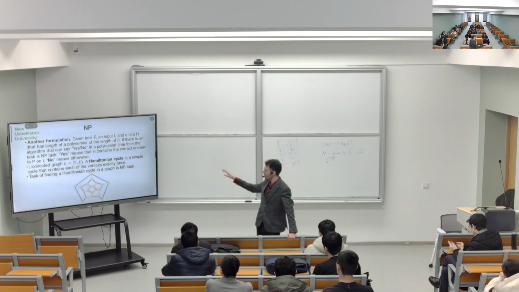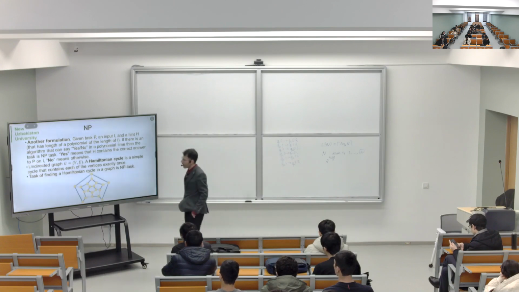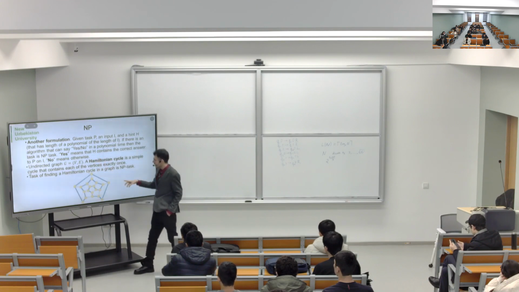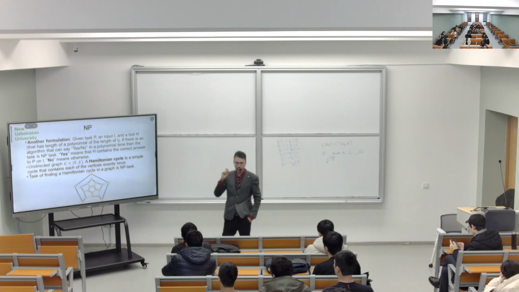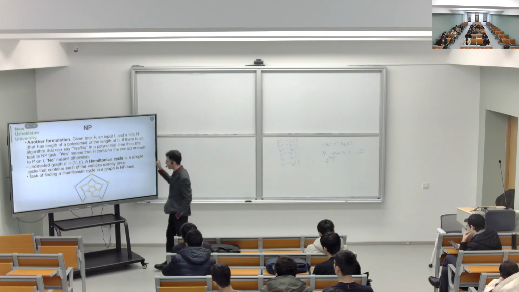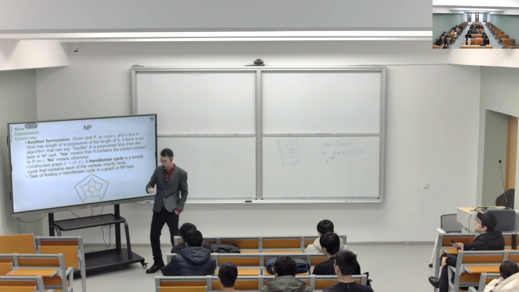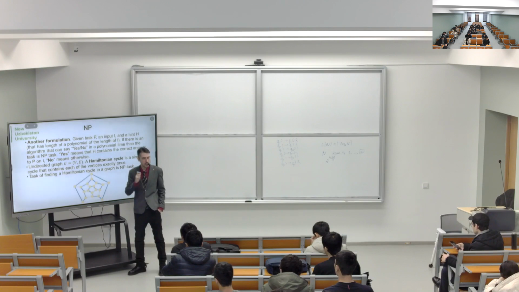Okay. Let's take a look at another problem. We are given an undirected graph G with vertices V and edges E. We call a Hamiltonian cycle a simple cycle that contains each of the vertices exactly once. So it is a cycle that goes through all the vertices without revisiting any vertex.